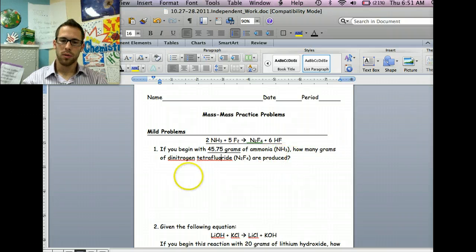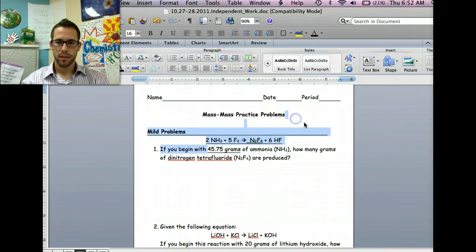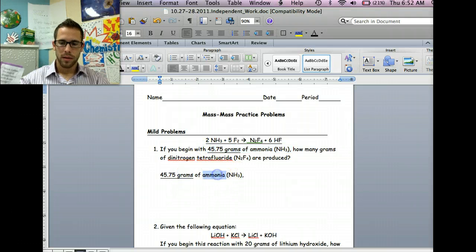So we know we're starting with grams of NH3. And what do I want? Well, I want to get to how many grams of dinitrogen tetrafluoride.